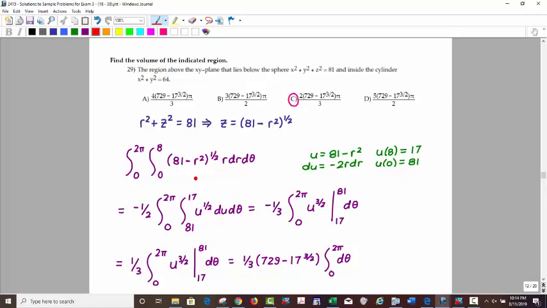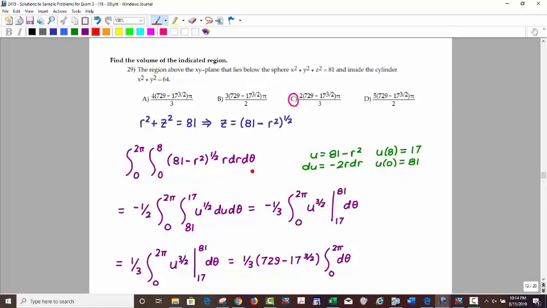So integrating it in, if I would have done r dz dr d theta, z would have gone from 0 to 81 minus r squared to the 1/2. So this is almost like the second step of the cylindrical, where it's just dropping that value in for the z.